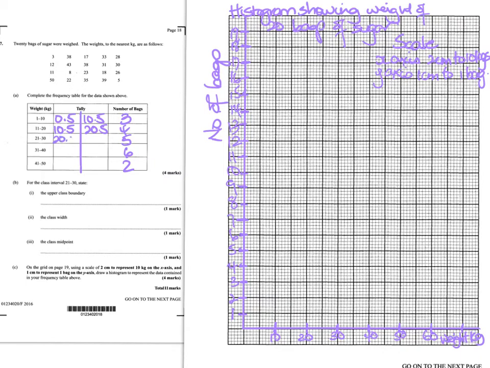Then we'll go 20.5 to 30.5, 30.5 to 40.5, and 40.5 to 50.5, because anything that is just 40.5 and over but just below 50.5 would fall in the class of 41 to 50.